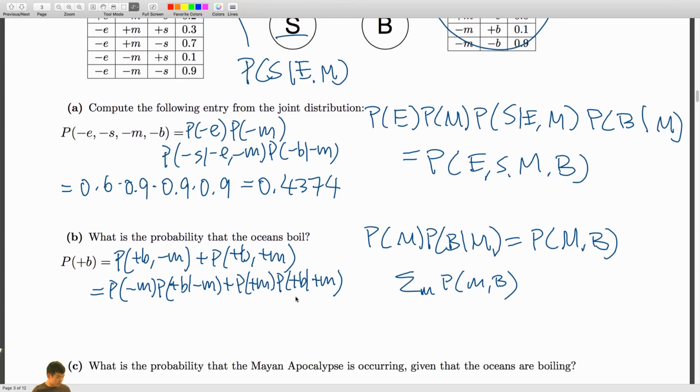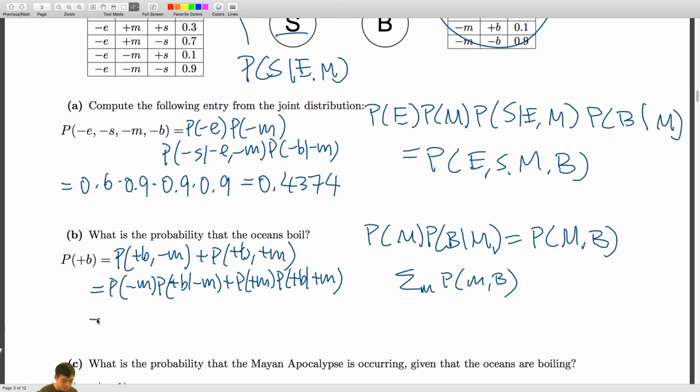The final probability is going to be equal to 1.0 times 0.1 plus 0.1 times 0.9, equal to 0.19.